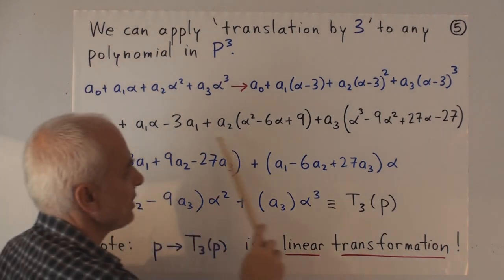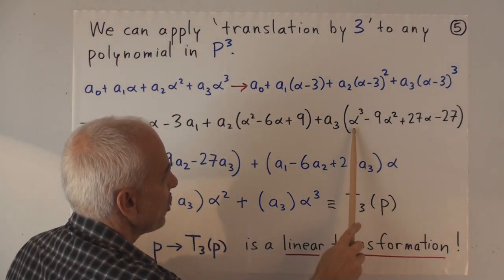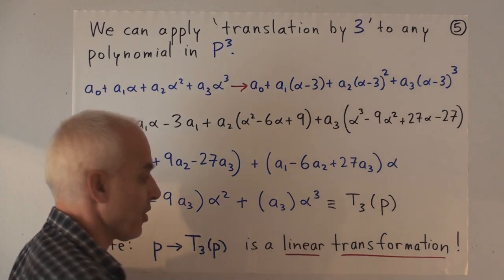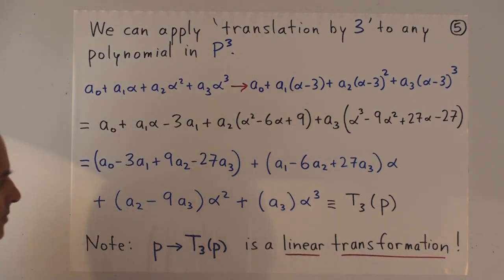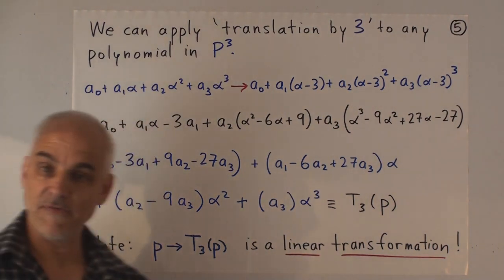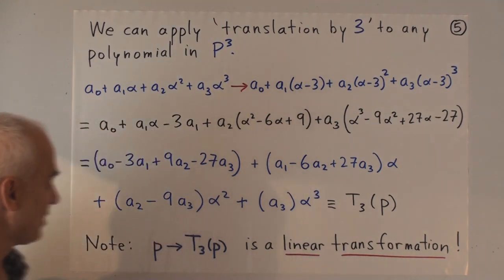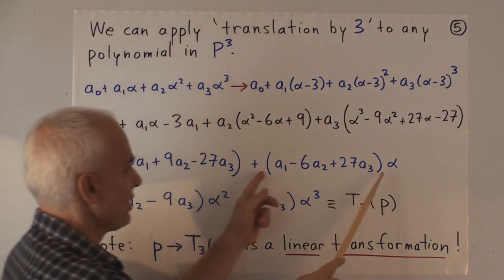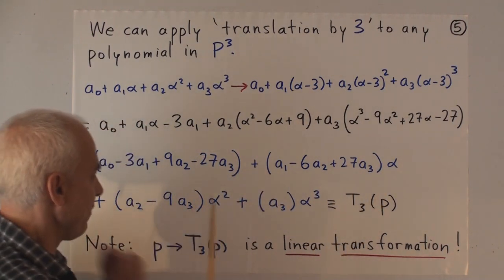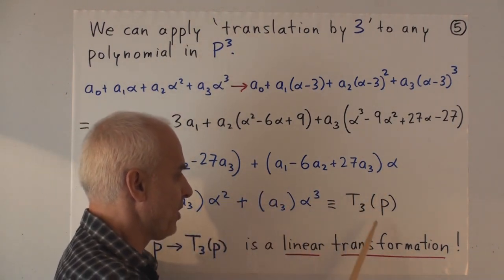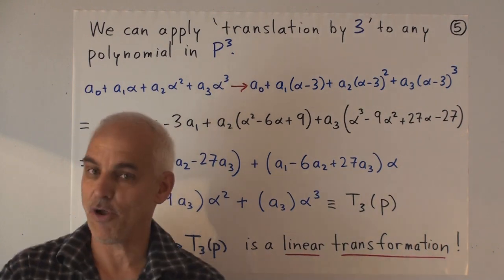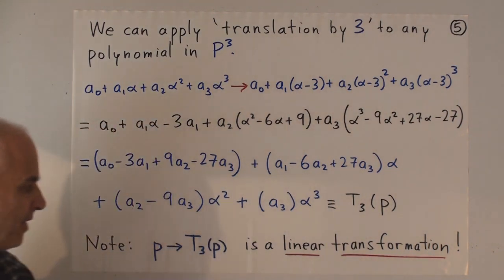And last but not least, the alpha cubed term right here just has a single coefficient a3. So as I told you before, this is in fact another polynomial of degree 3 or less. There's the constant term, something times alpha, something times alpha squared, something times alpha cubed. That is in fact another polynomial of degree 3.